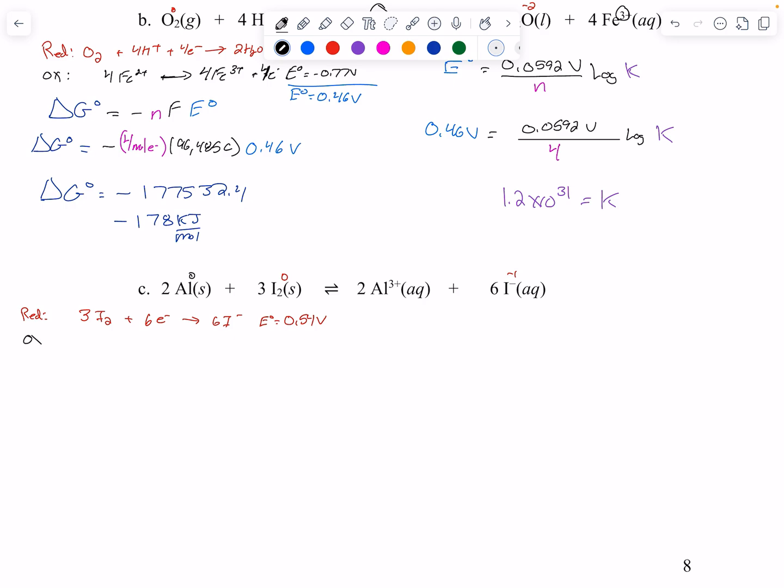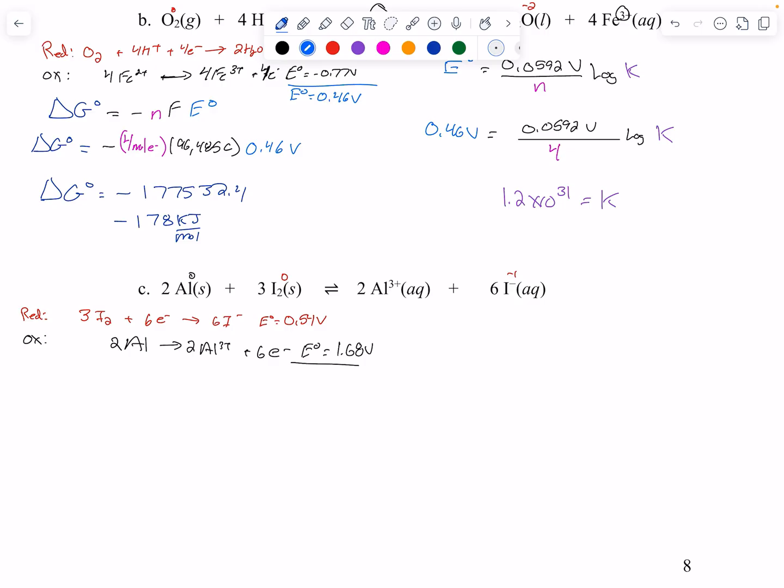Oxidation. We got aluminum going to aluminum 3+ plus 3 electrons. But we got 2 of those, so it's going to be 6. And E standard for aluminum is negative 1.68, so we flip it, 1.68 volts.